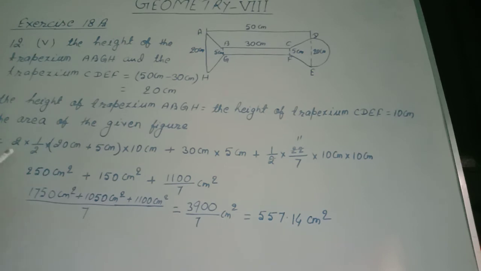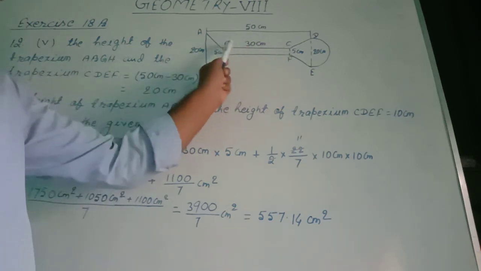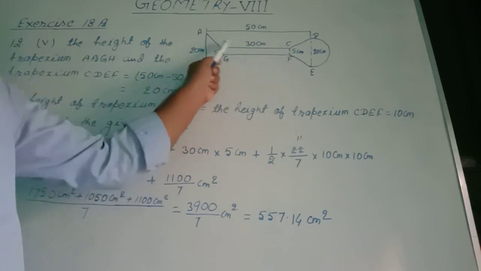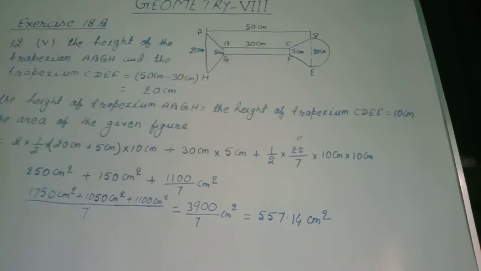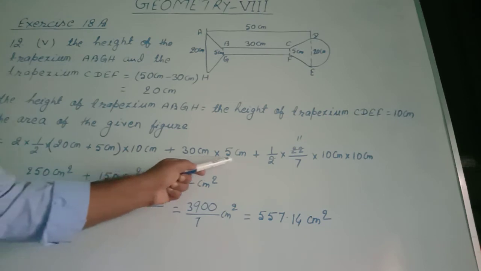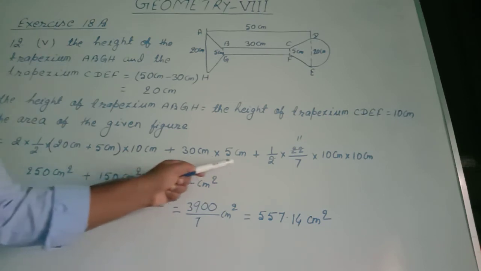For that I wrote 2 into area of the trapezium, means half into sum of parallel sides into height, plus BCFG is a rectangle, so area of the rectangle length into breadth, that is equal to 30 cm into 5 cm.